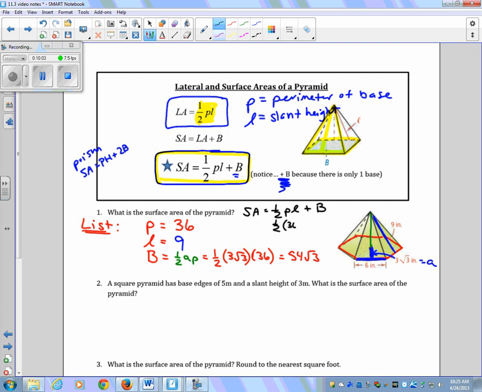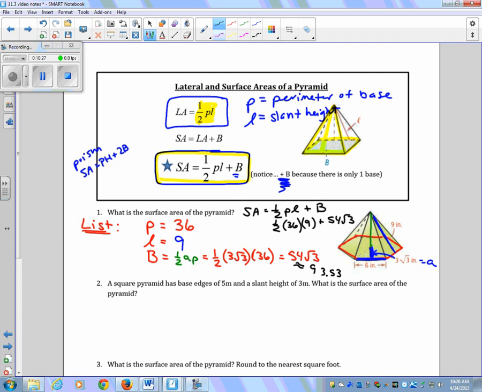Perimeter is 36. Slant height is 9. Plus area of the base is 54 root 3. Let's figure out what the approximation of 54 root 3 is. If we do that on our calculator, 54 root 3 is about 93.53.